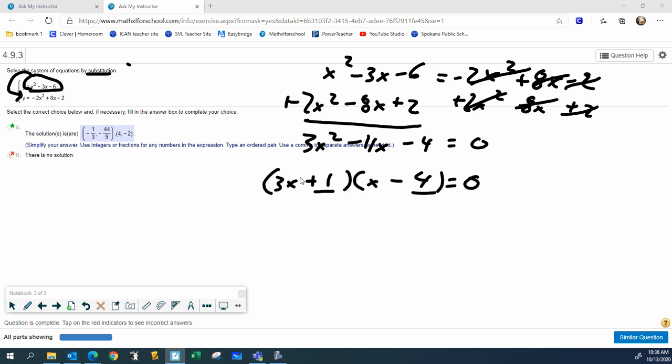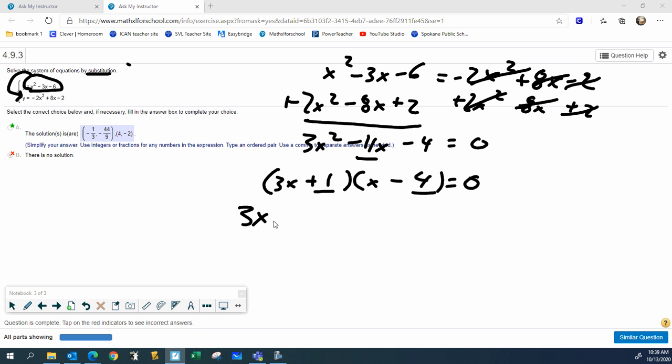So when I multiply this out, I'll get 3x times negative 4 is negative 12x, and 1 times x is going to give me 1x. So negative 12 plus 1 is going to give me that negative 11 that I was looking for. So it looks like I got my factors figured out. So from here, I solve for x, each of these.